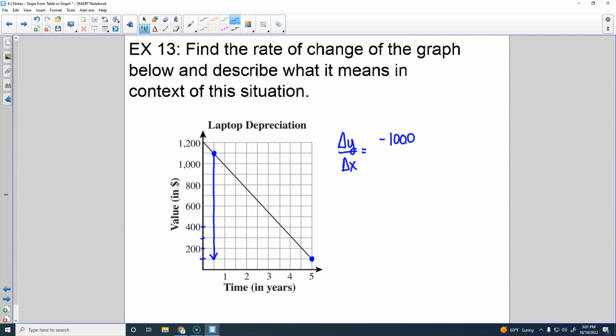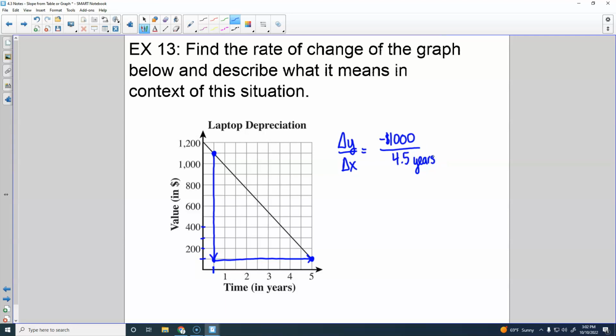Okay. Then I've got to go to the right. How far? 9. Is it really 9? No. Right here, this was like half a year. And then we went over to 5 years. So 4.5. And so this was negative $1,000 in 4.5 years.